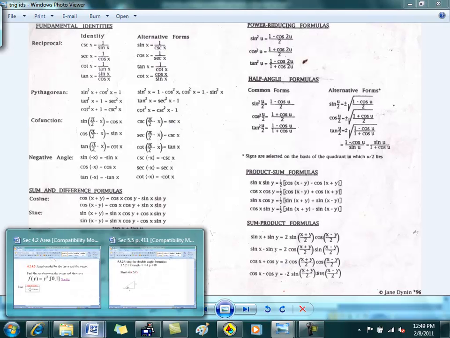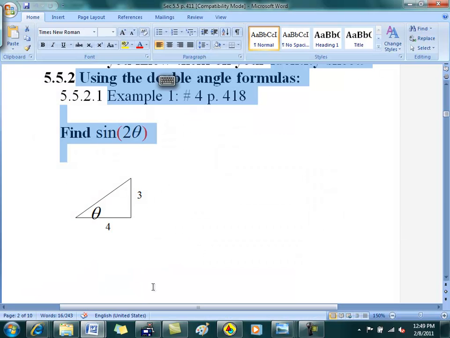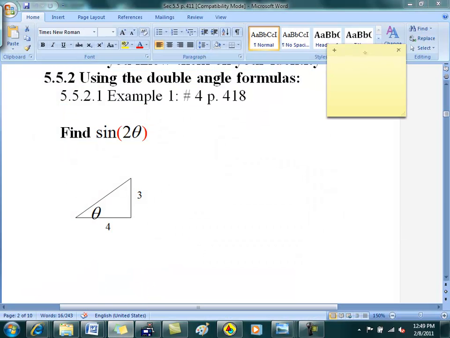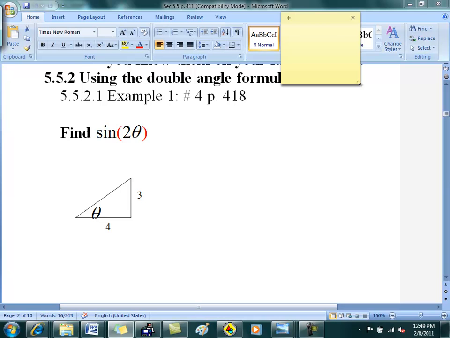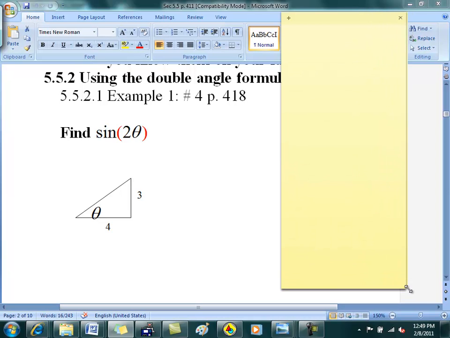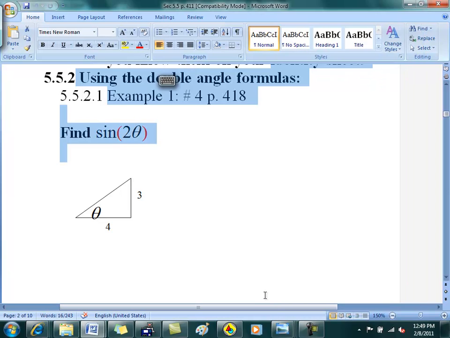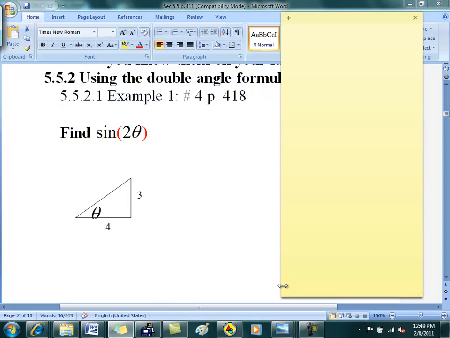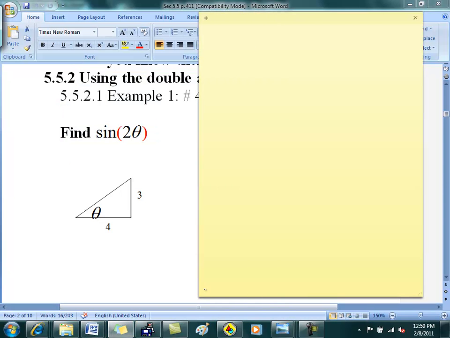All right, so let's go ahead with the stuff here. It's asking you to find sine 2 theta given theta the way it is in that triangle, a right triangle.